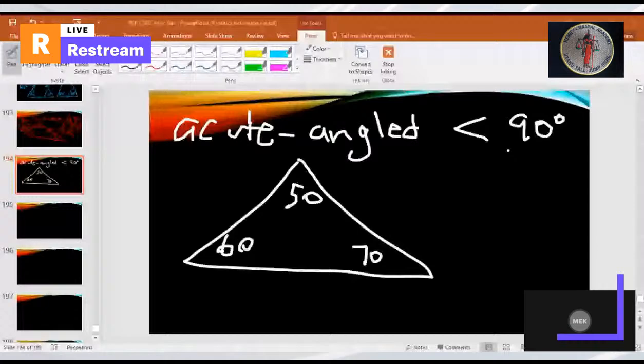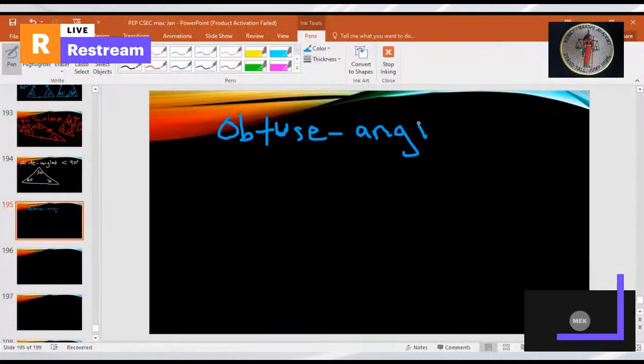So the obtuse. Now an obtuse angle is greater than 90 degrees.